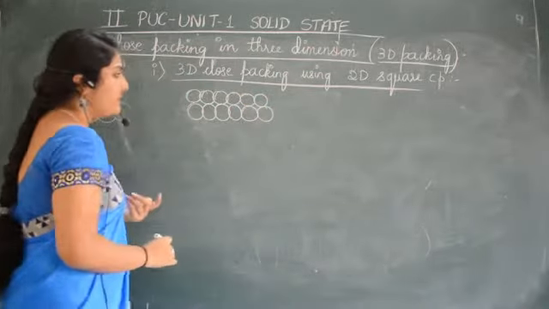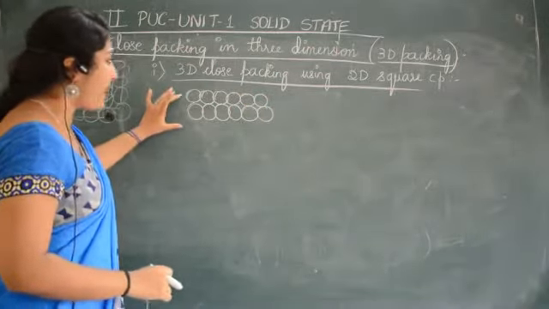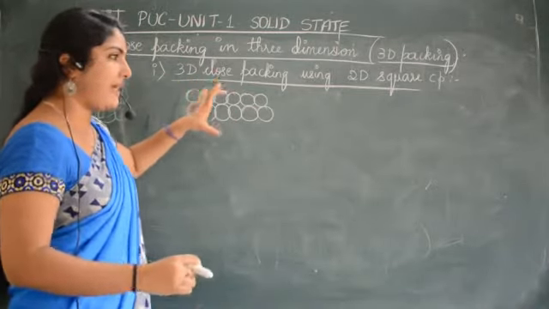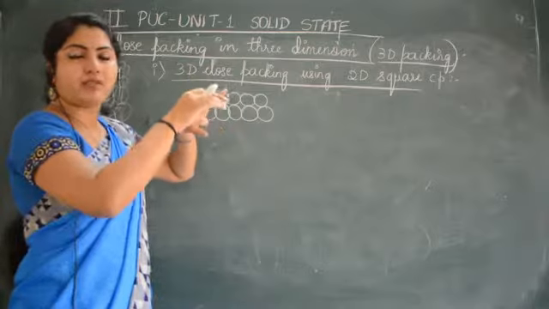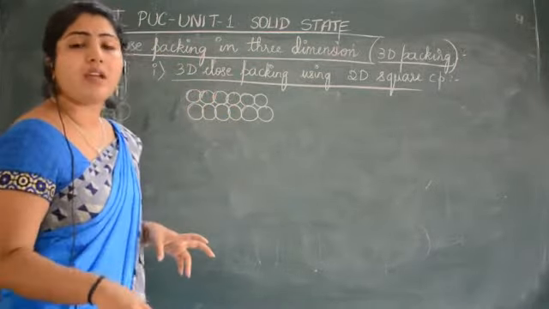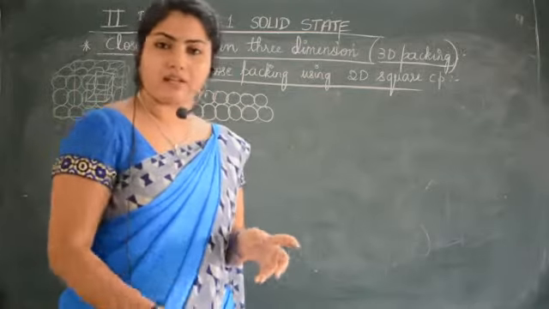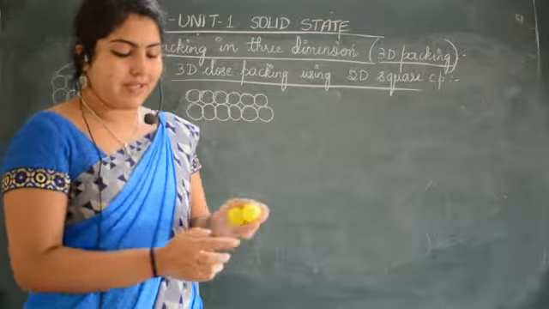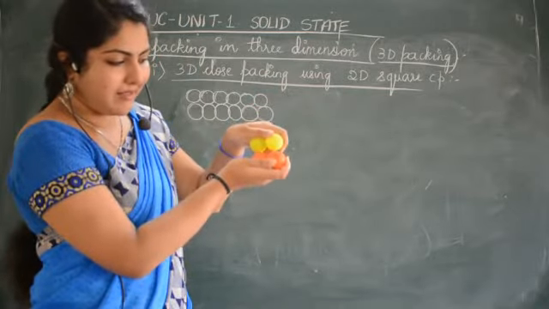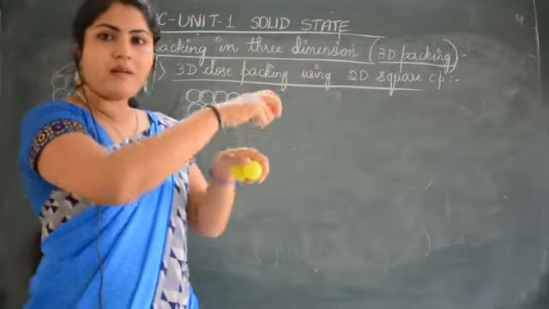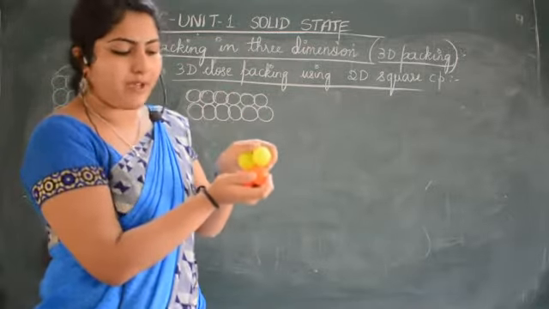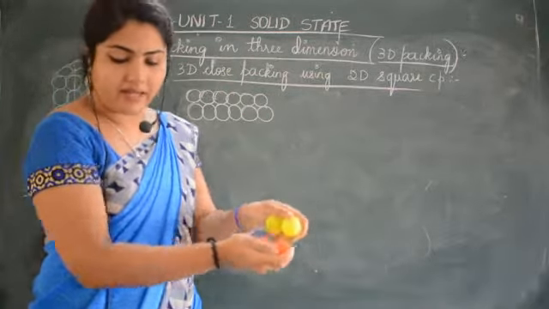Now 3-dimensional close packing means these kinds of layers are taken, and the arrangement is done in all 3 directions, along all the 3 axes. If this is one layer, then this is another exact layer. Again, front, back, right, left, up, down, everywhere, the same type of layers are arranged.